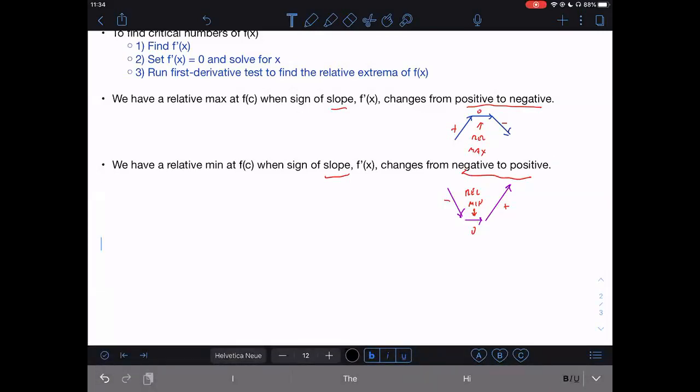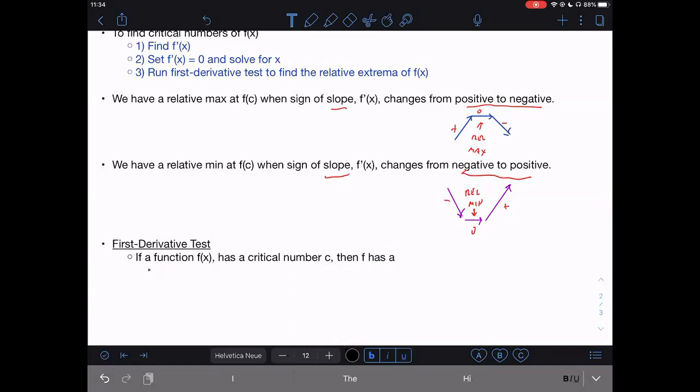We use what's known as the first derivative test to help us indicate these changes in direction. So let's look at the first derivative test. If a function f of x has a critical number represented by c, then f has one of the following two.